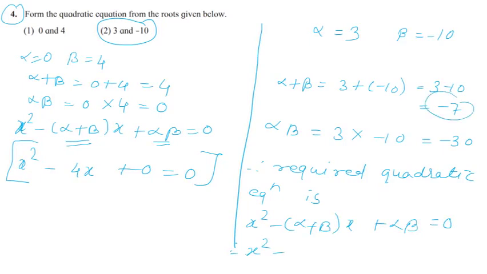Minus 7. So, minus 7x minus 30 equal to 0. Okay. Therefore x square plus 7x minus 30 equal to 0. This is the required quadratic equation. Okay. Next, question number 5.